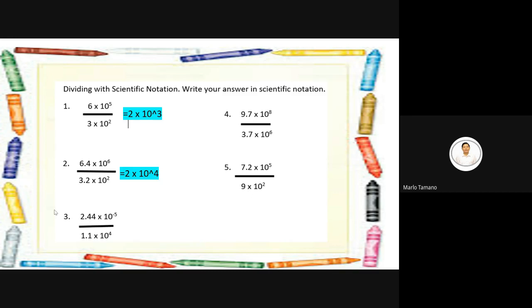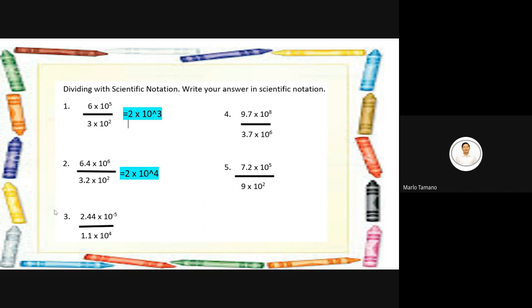Times what? What is negative 5 minus 4? Negative 5 po yan, sir. Ulitin ko. Negative 5 minus 4. Anong sagot niyo yan? Negative 9 po.